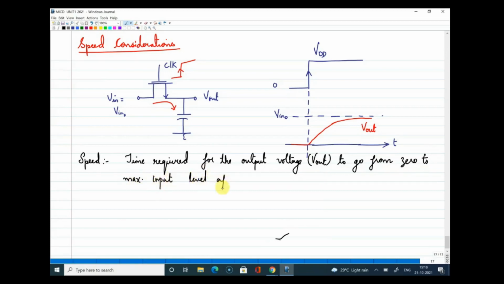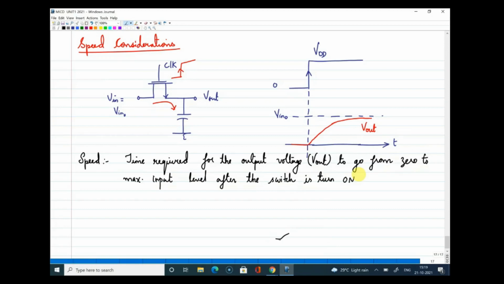When this should happen, when the switch is on, so after the switch is turned on, this is the condition. So whenever the switch is on, how long it will take for this output to charge from the minimum value or the initial value to the maximum input value, right?